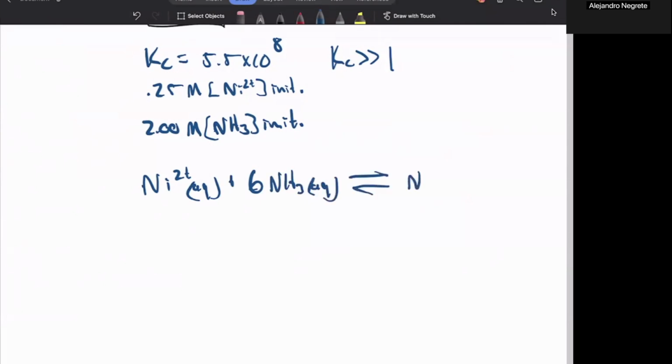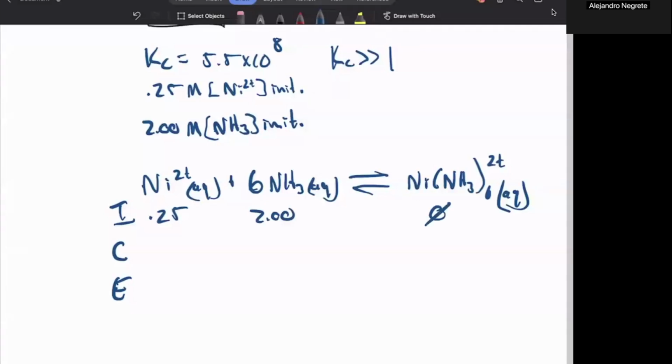And that's going to give us some nickel ammonium, also aqueous. So let's ICE right here, initial concentrations, 0.25, this is going to be 2.00, this is 0. Minus x, plus x. Oh, no, this is minus 6x.